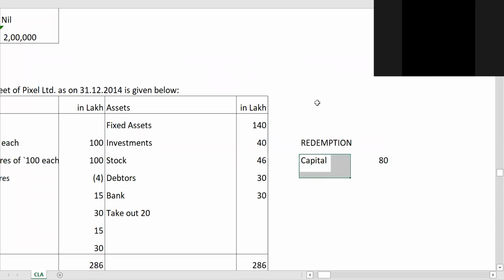Let me say capital is 80, premium on redemption 16. Total money needed is 96, correct?